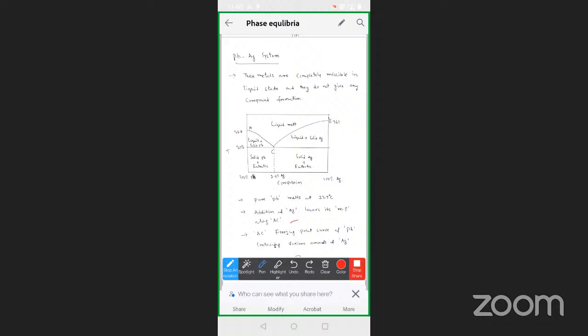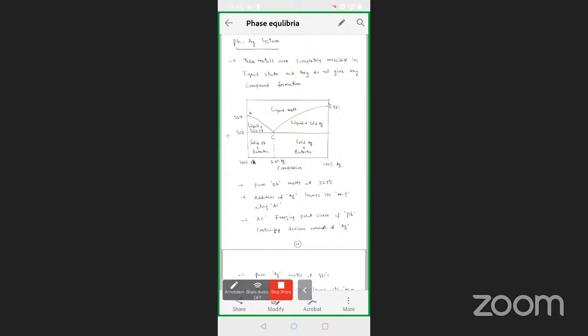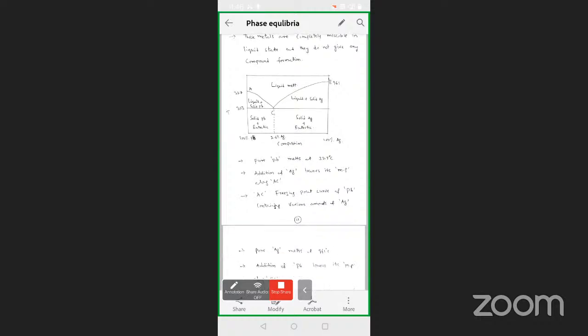Addition of silver lowers its melting point along AC. The silver యాడ్ చేస్తూ పోతుంటే దాని యొక్క మెల్టింగ్ పాయింట్ తగ్గుతుంది. AC is the freezing point curve of lead, containing various amounts of silver.